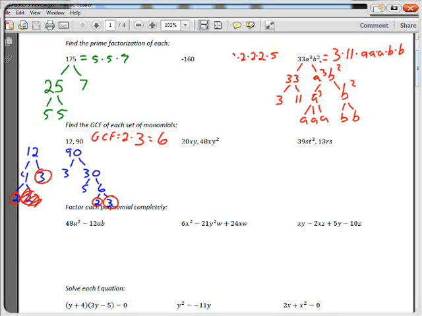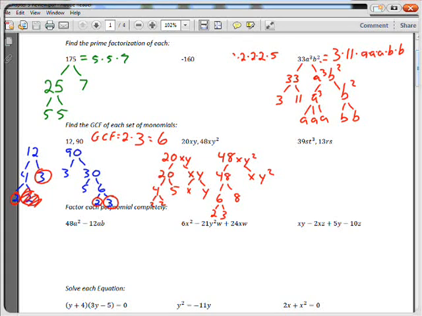Next, I got 20xy and 48xy squared. Break apart 20 and xy. 20 can be 4 times 5, and then 2 times 2, and x and y. Here I have 48xy squared. 48 could be 6 times 8. 2 times 3, and 8 can be 2 times 2 times 2.